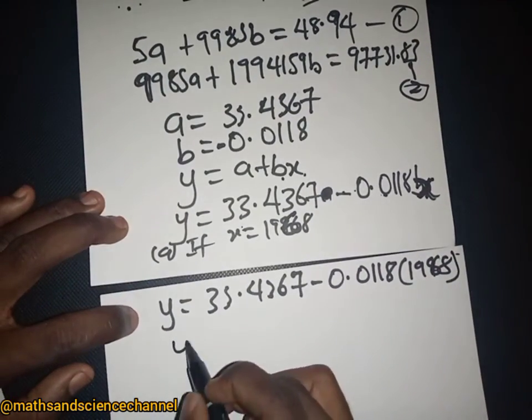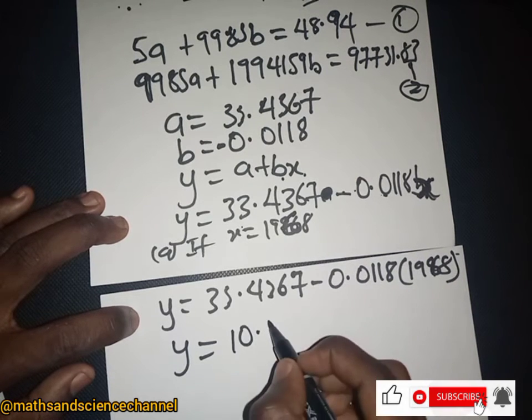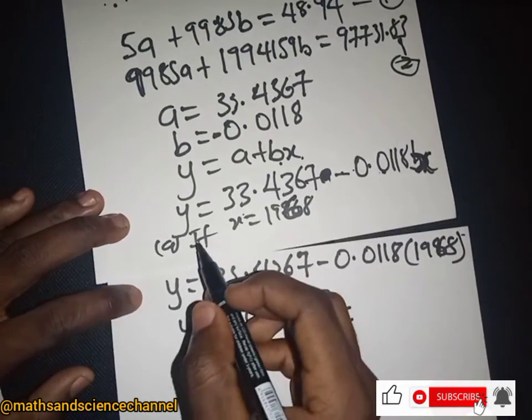So y here will just be equal to 10.2143, and that will be the estimate for part a.